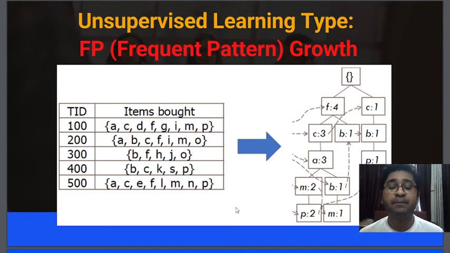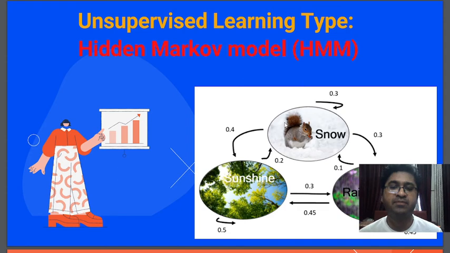Then frequent pattern growth, which has a tree-based architecture, and association rules are created in order to get samples together, means first one, second one, output, third output, and so on. Then we have the hidden Markov model, HMM.